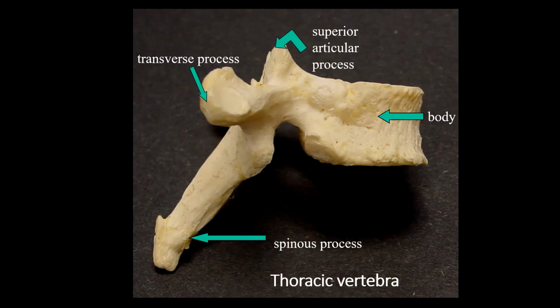And that superior surface shows up on every vertebrae except C1 and C2, and it is matched by an inferior process or inferior surface on every other vertebrae. So this vertebrae here with its superior surface right here in front of the transverse process has an inferior articular process or surface there.